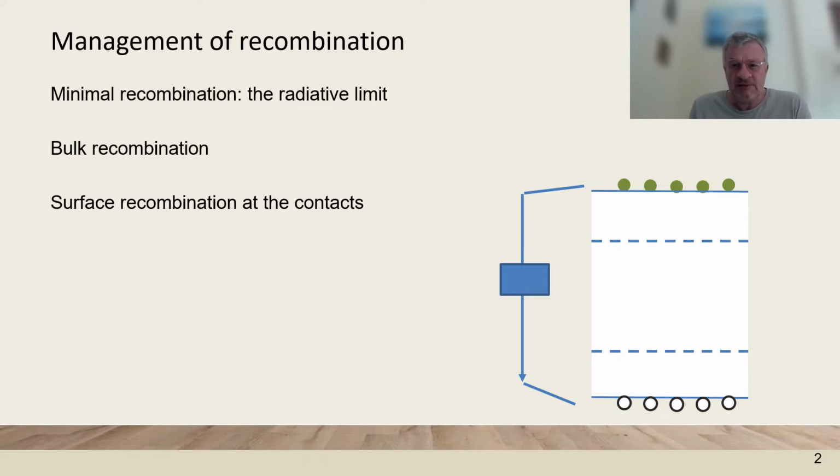There is a minimal amount of recombination. This is the radiative recombination that allowed us to study the radiative limit, which gives the maximal performance of the solar cell. And there can be additional bulk recombination processes in excess of the radiative recombination. And there can be also surface recombination at the contacts. These are different, and they all have to be identified and minimized.